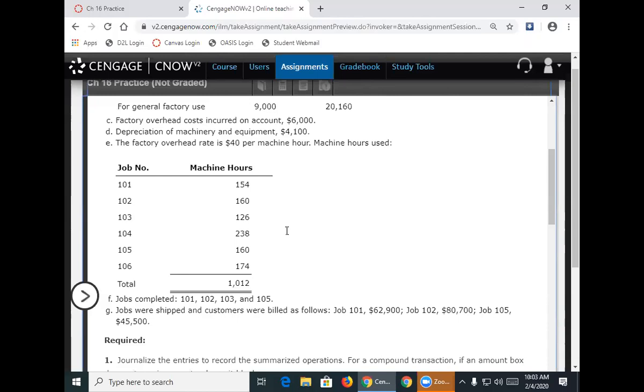Well, now we just need to add them up, right? Again, tedious but easy. Simple math.